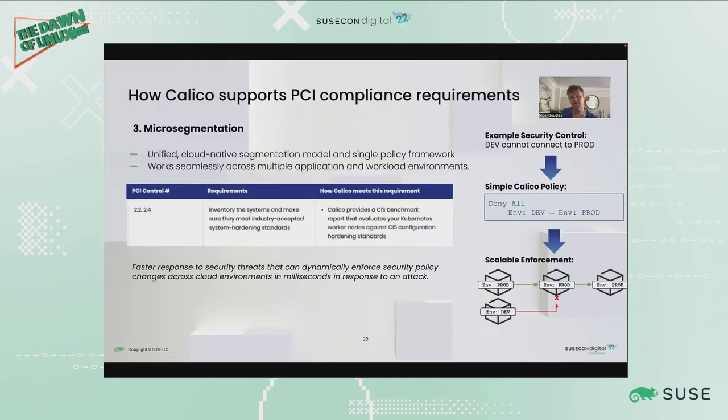The next part is 2.2 and 2.4. They mention that you need to meet an industry accepted system hardening standard. I talked about our compliance reports earlier. They link into a tool called kube-bench, I believe, and that generates CIS benchmarks.